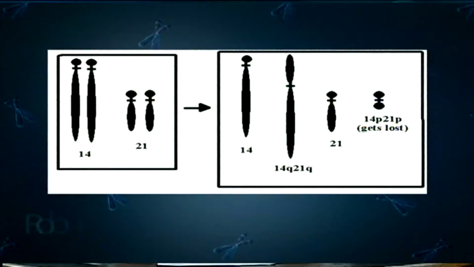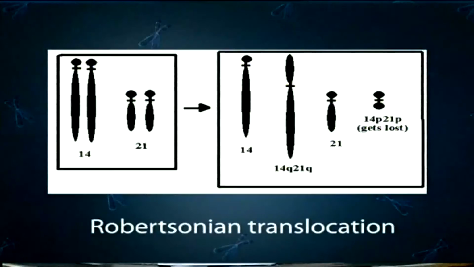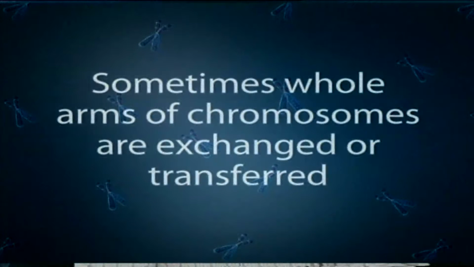Robertsonian translocation. We have one characteristic type of translocation. As we have seen before, translocation generally involves transfer of small chromosomal segments between non-homologous chromosomes. Sometimes the whole arms of chromosomes are exchanged or transferred.